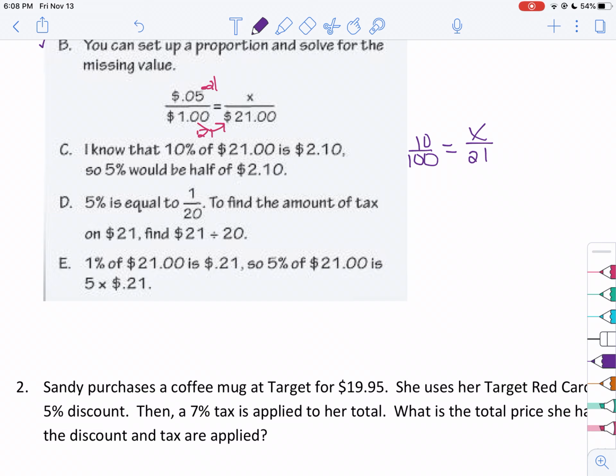If we do our cross multiplying, we're going to get 100x equals 210. Divide both sides by 100.